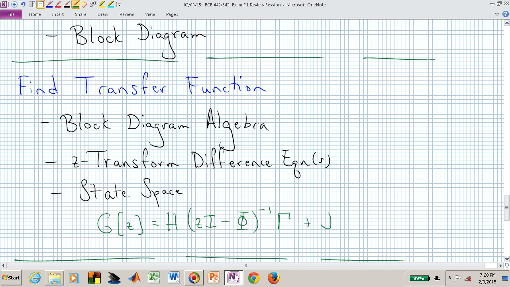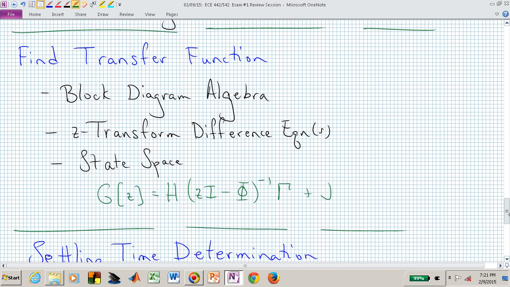But if you've had a previous controls class or a previous signals and systems class that talked about Mason's gain, you can use it. You just have to do it properly, in quotes. You need to remember how to do it, but it can be used. But you don't have to have that for this material.